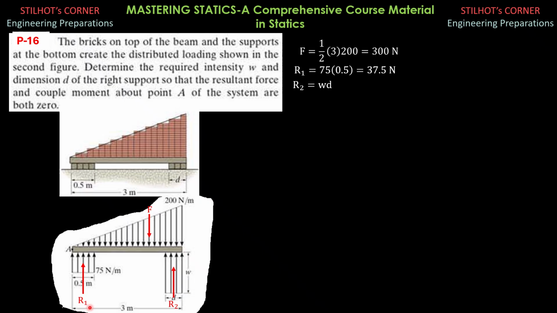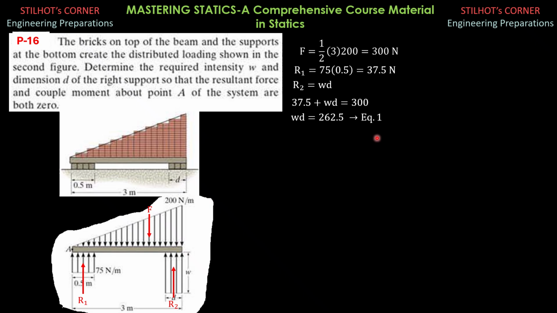First, upward forces should be equal to downward force, summation of forces vertical, or y equals 0. So R1 plus R2 equals F. R1 is 37.5, R2 is WD, and equals F, which is 300 newtons. So WD equals 262.5.